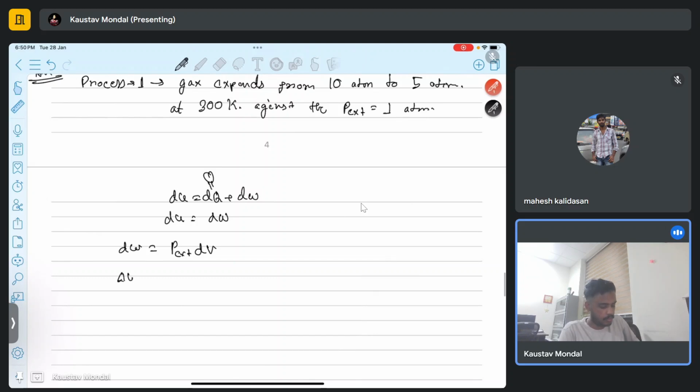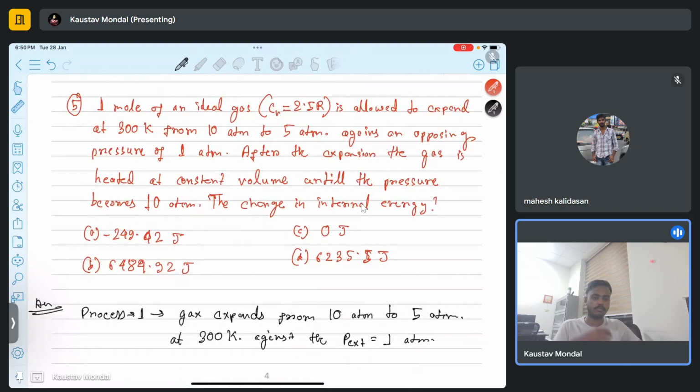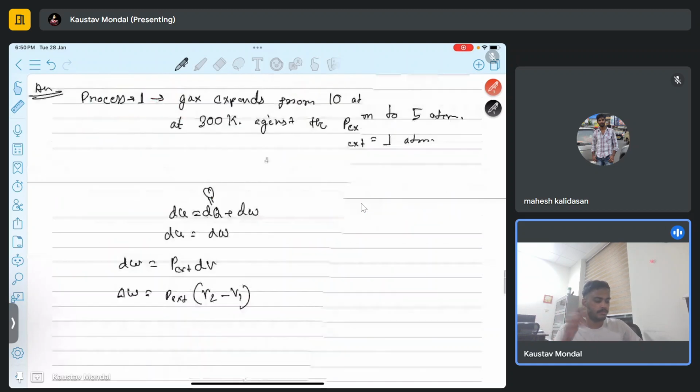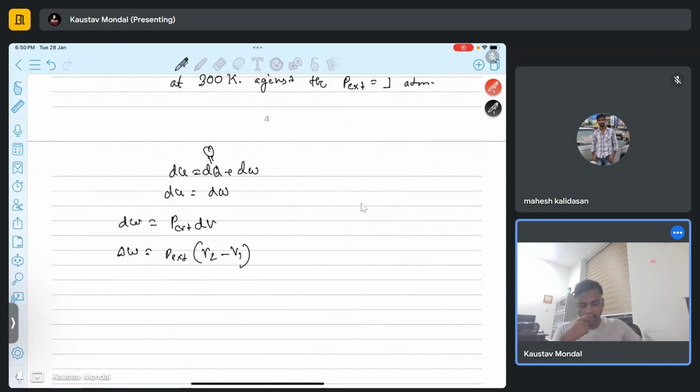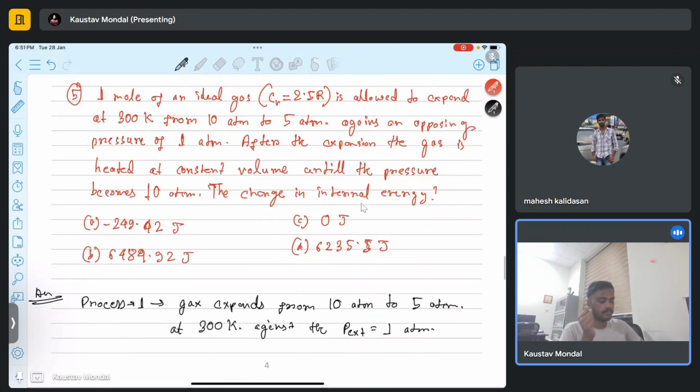In delta form, P external into V2 minus V1. Now we have done a similar type of problem earlier also, where when the gas expands, what is given is the pressure, not the volume, right? So here also it is the same case, the change in pressure is given, not the volume.